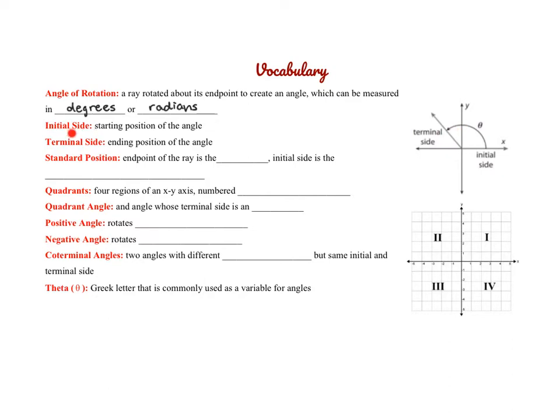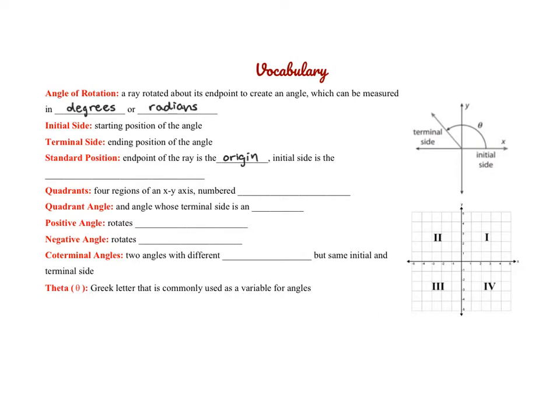The initial side is the starting position of the angle. In this case, our initial side is right here on the positive x-axis, and the terminal side is what we call the ending position. So initial and terminal. For standard position of an angle, this is how we will be drawing all of our angles from here on out. The standard position is when the endpoint of the ray is at the origin.